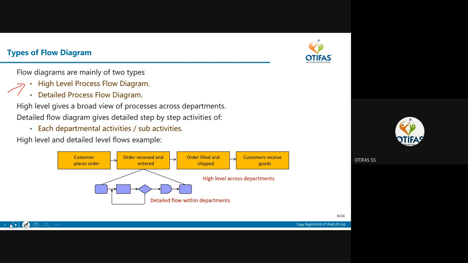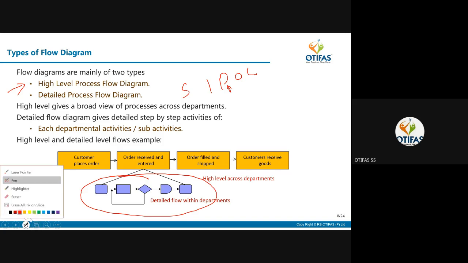So when you make a SIPOC in the define phase, this process is just high level. No need to write a detailed process in SIPOC in the define phase. The detailed process we are going to study in the measure phase.